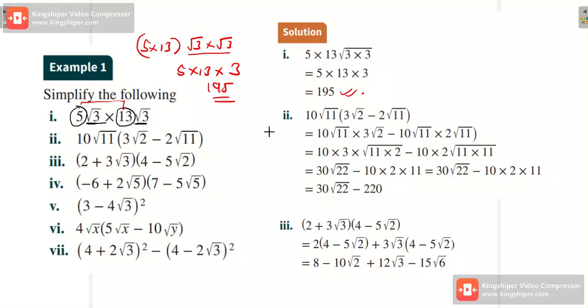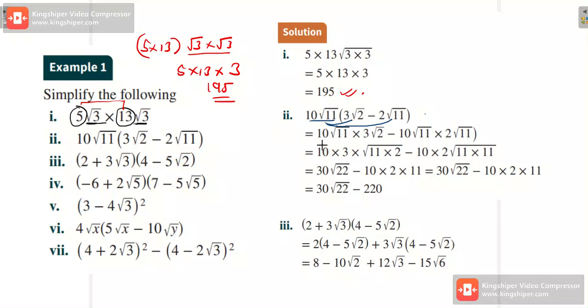10 root of 11 into bracket 3 root of 2 minus 2 root of 11. So to solve this one, we have to start by expanding. So we use this to multiply this, then we still use it to multiply this.